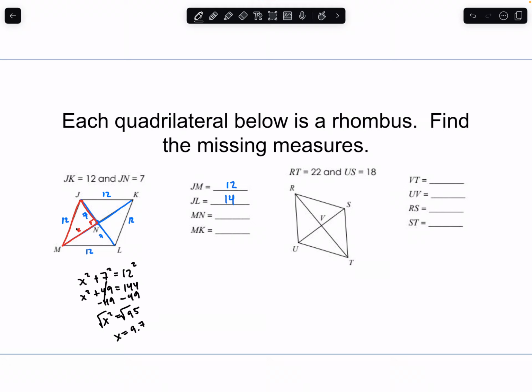So that means that this length, MN, is 9.7. And that means that MK, the full length, if that's 9.7, and this is 9.7, 9.7 plus 9.7 is 19.4.